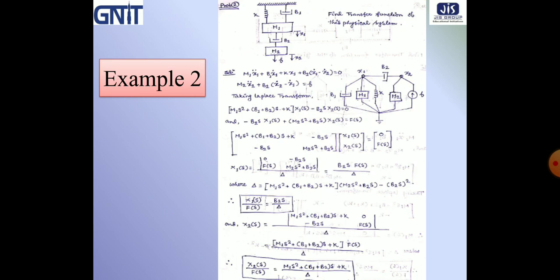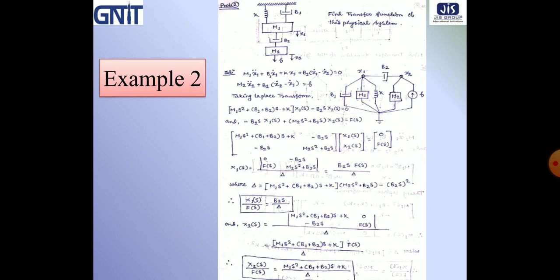Now take the Laplace transform and write down the equation after getting the Laplace transform. One more thing: what we have to calculate is the transfer function of this physical system, this translational mechanical system. Transfer function means output by input in the Laplace domain, where all initial conditions are 0. Here, what is the output and what is the input?